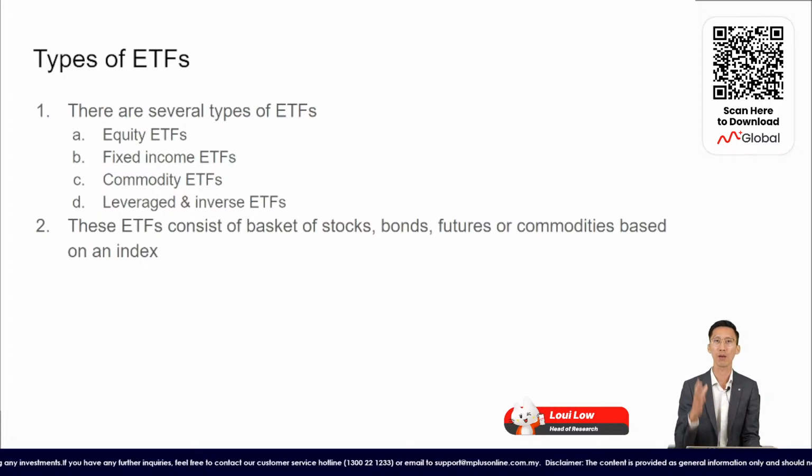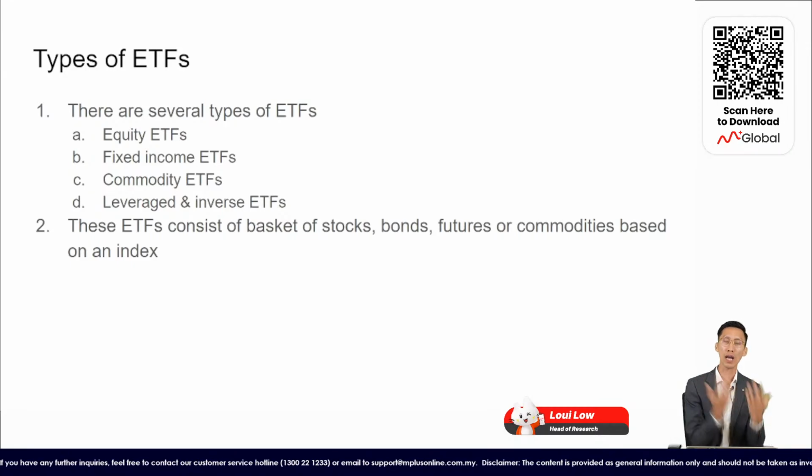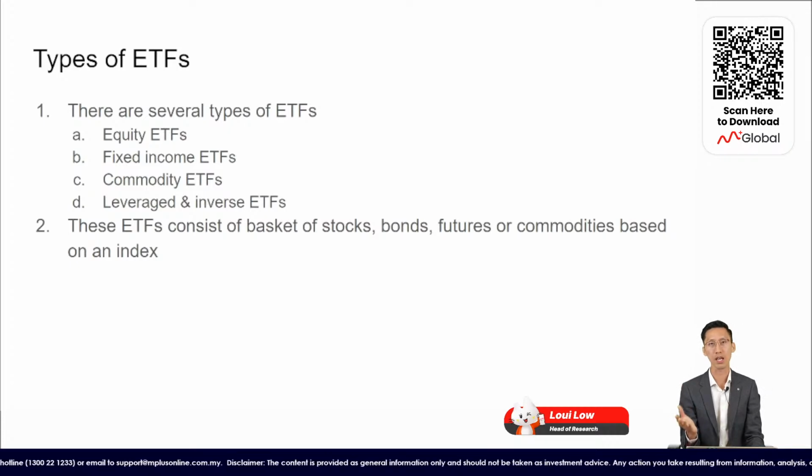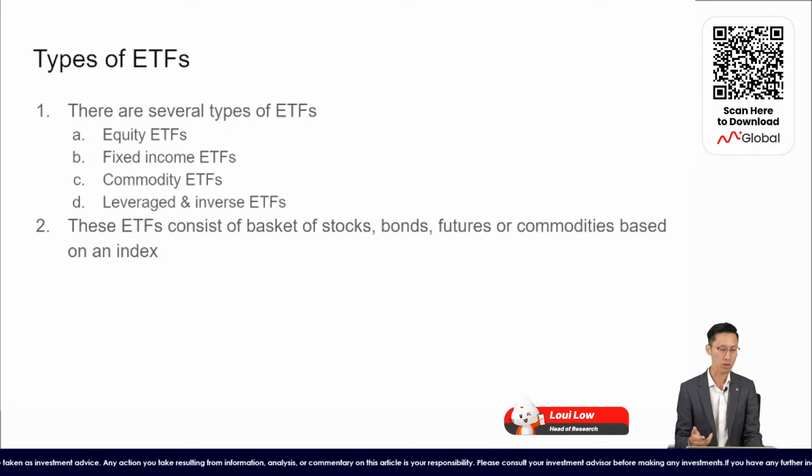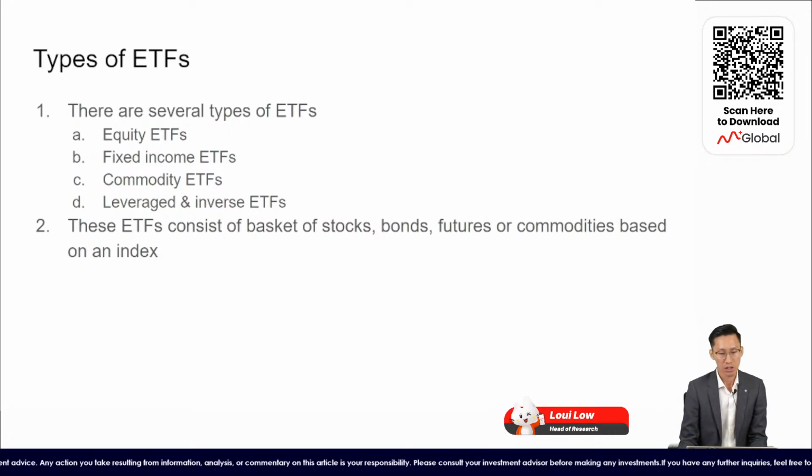And also don't forget about the risk as well, because when you buy into a bull 3 times ETF, let's say, and the index falls by 1%, you are multiplying your downside risk to 3 times as well. So yeah, leverage and inverse ETFs are for sophisticated traders, and not advisable to hold overnight. Normally, for ETFs that have leverage and also inverse, they do it from a daily intraday trading perspective. Okay.